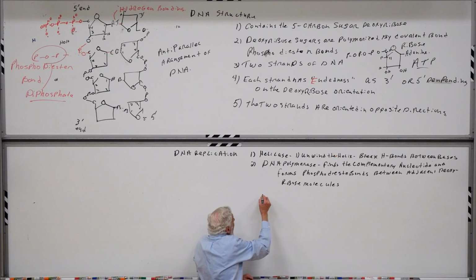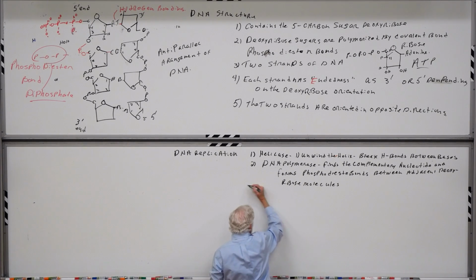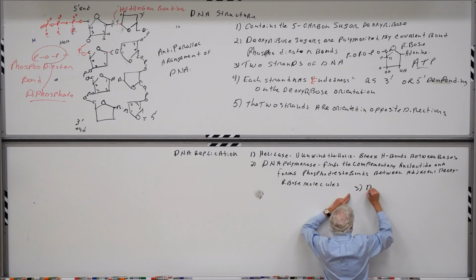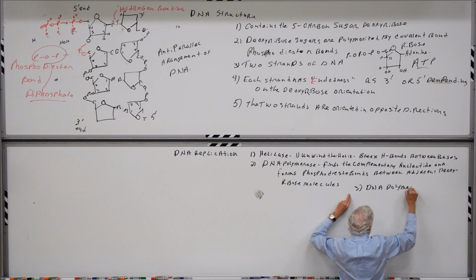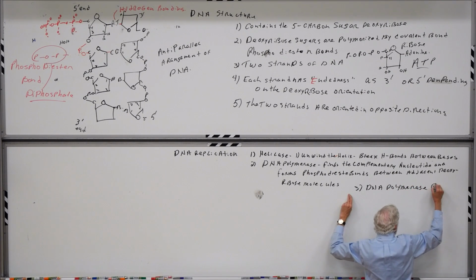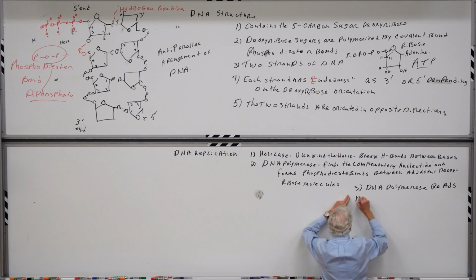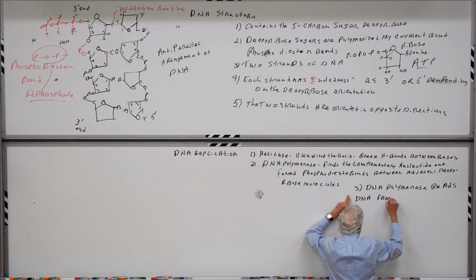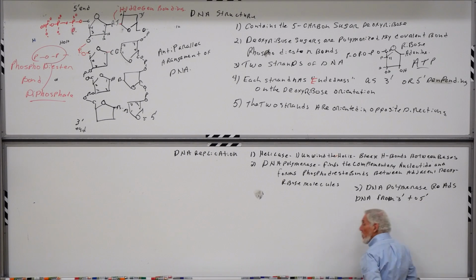The third point I want to make here, leave myself enough room. The third point over here is that DNA polymerase reads DNA from 3' to 5'.